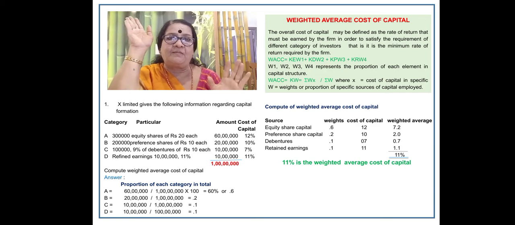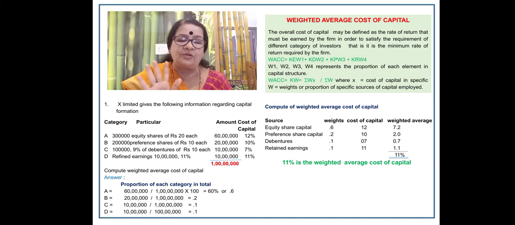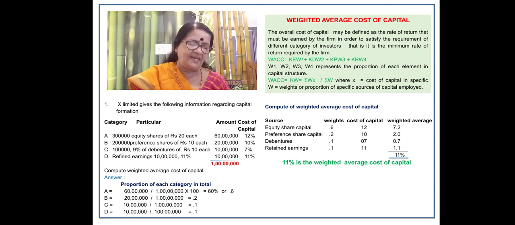Sigma w is the total amount, that is 60 lakh. So 5 lakh 76,000 divided by 60 lakh into 100. So the answer is 9.6%. Understood? So this is very easy and very important also.